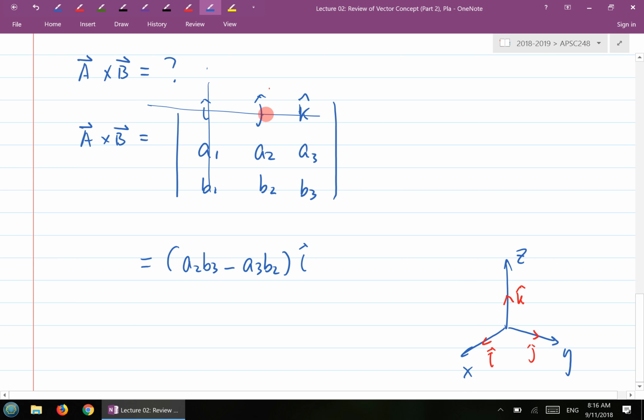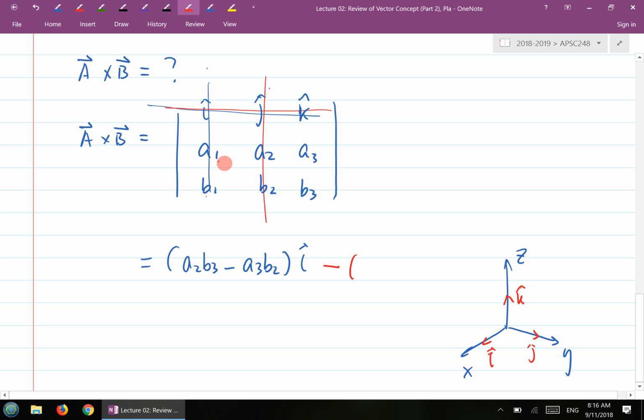If I expand along the first row, this time you cross out this row and this column, and then calculate the determinant of this one. But in this case, you have a -1 to the power of 2 plus 1, which becomes -1. So it should be a negative instead of plus.